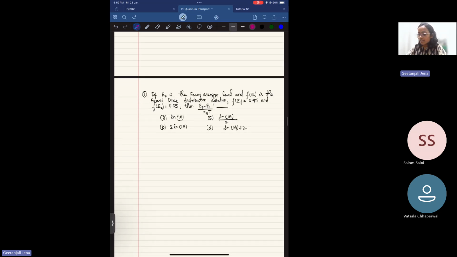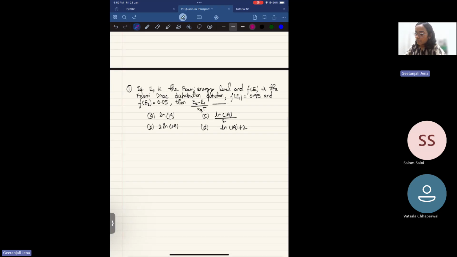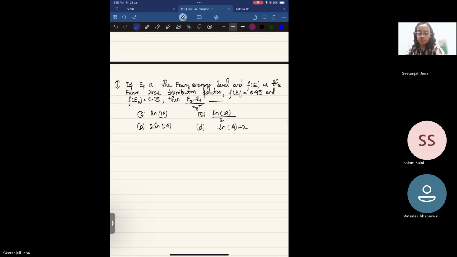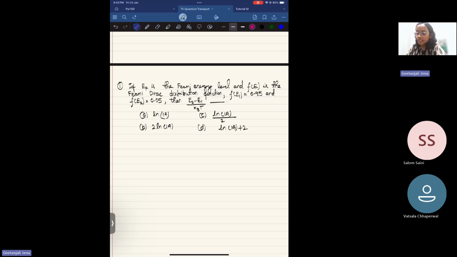So the first question is based on the Fermi-Dirac statistics. Let me zoom it. It's given that E_F is the Fermi energy level and f(E) is the Fermi-Dirac distribution function. It's given f(E1) is 0.95 and f(E2) is 0.05.